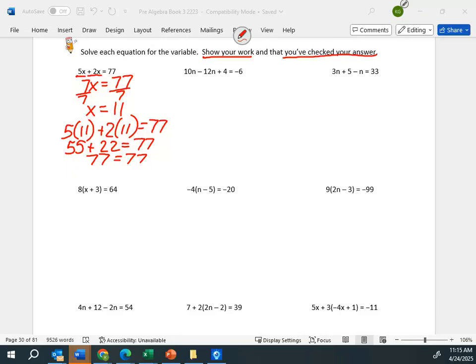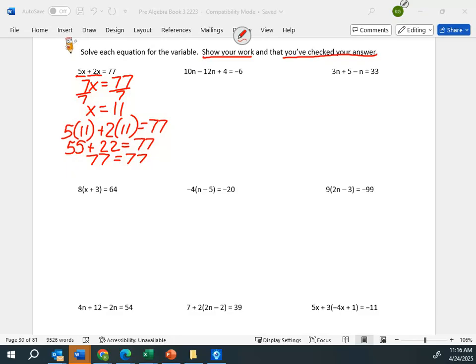So you need to make sure both sides are equal. Actually do the math, because that will tell you if you messed up somewhere. When we have all those steps we have to do, it's easy to make a mistake, especially with those negatives. Okay, so this is going to show us, do both sides actually end up being the same?